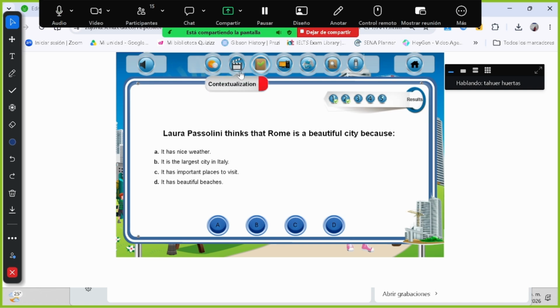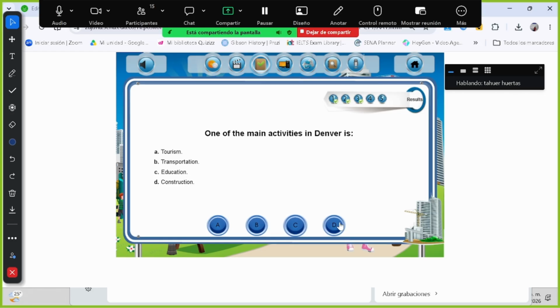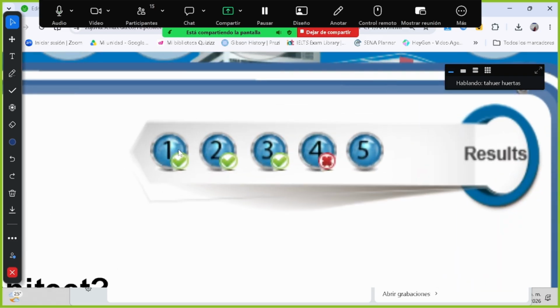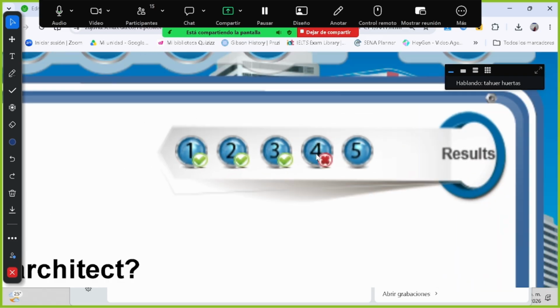Okay? It's very important because here I don't know the answers. I didn't read it, as it is about Laura Pasolini. C, I don't know. D. I is wrong. Correct, wrong.